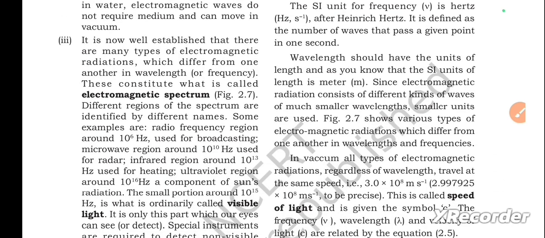Wavelength should have the units of length, and as you know, the SI unit of length is meter. Since electromagnetic radiation consists of different kinds of waves of much smaller wavelengths, smaller units are used. Figure 2.7 shows various types of electromagnetic radiations which differ from one another in wavelengths and frequencies.